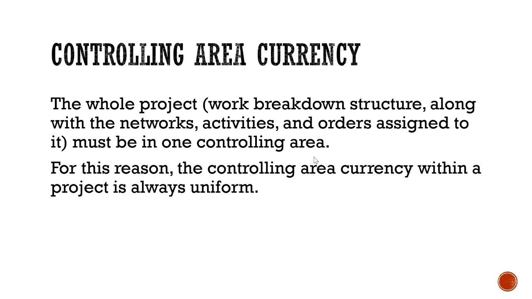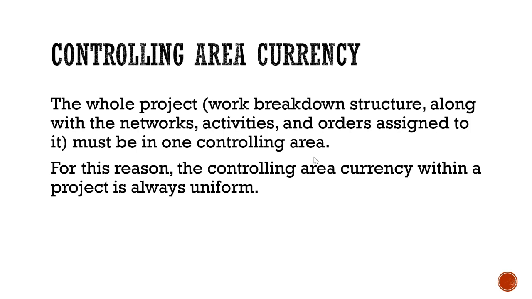It will be the same value, the currency configured in the controlling area. You provide that controlling area in the project definition, and from the controlling area it picks the currency.